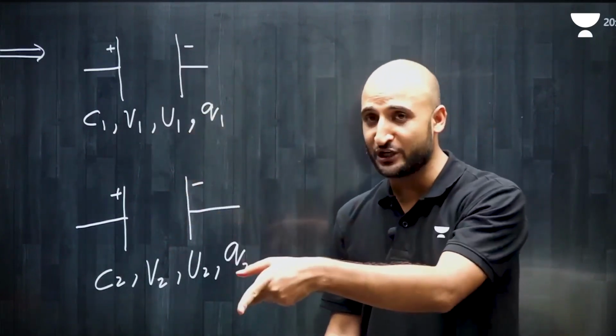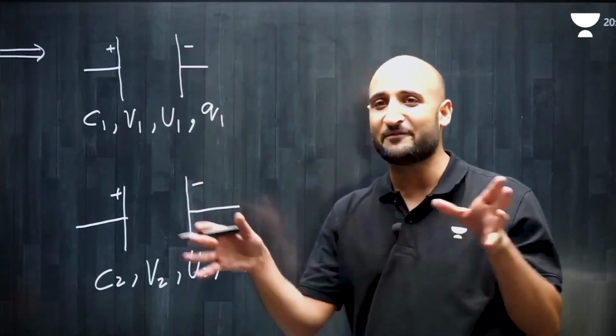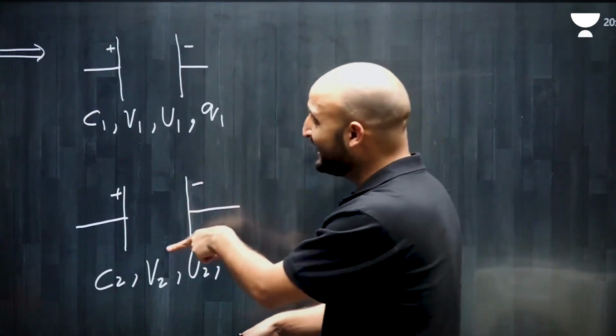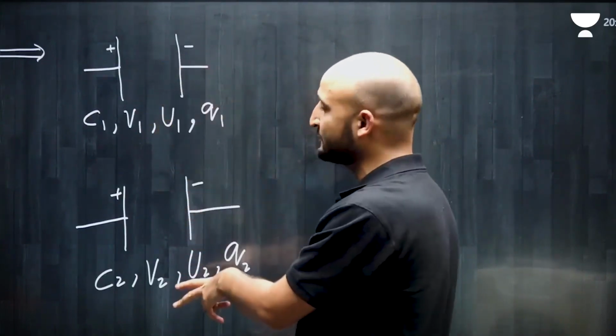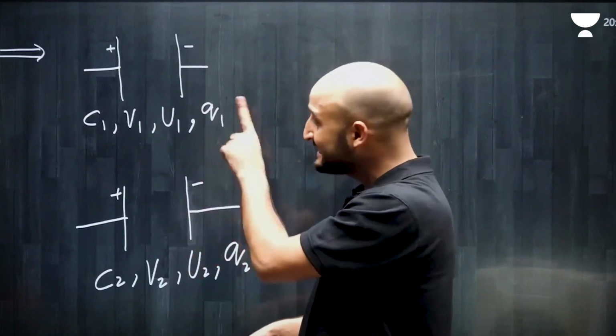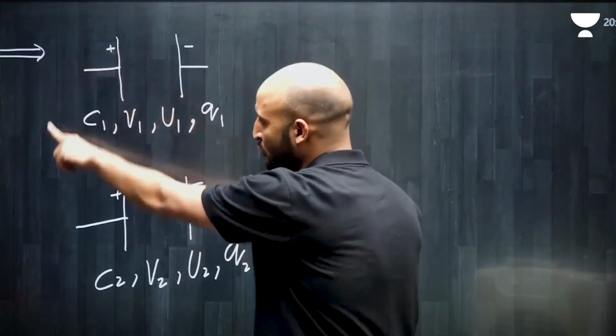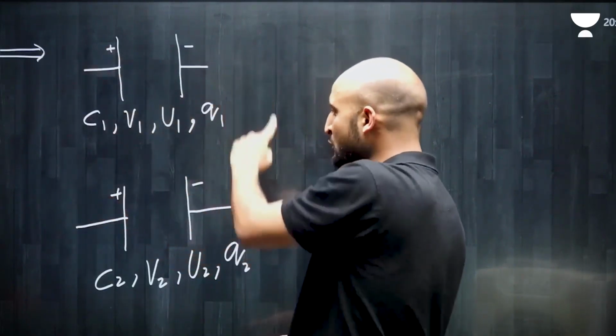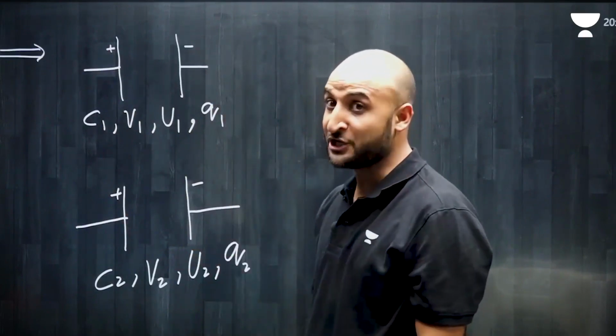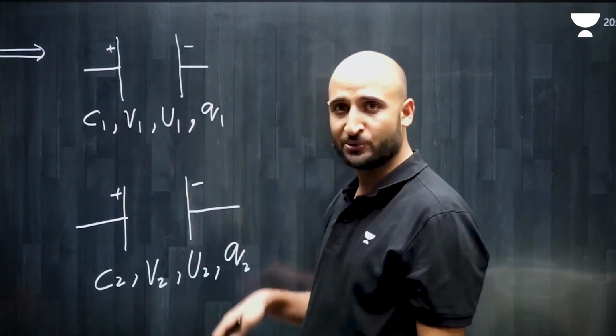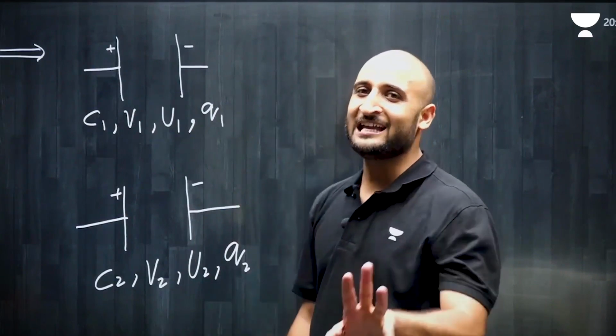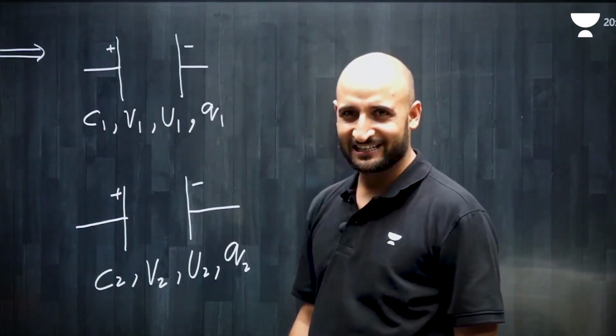In the previous situation, you were connecting two spherical conductors. Now you are connecting the two parallel plate capacitors in such a way that positive plate is connected with positive plate and negative plate with negative plate.